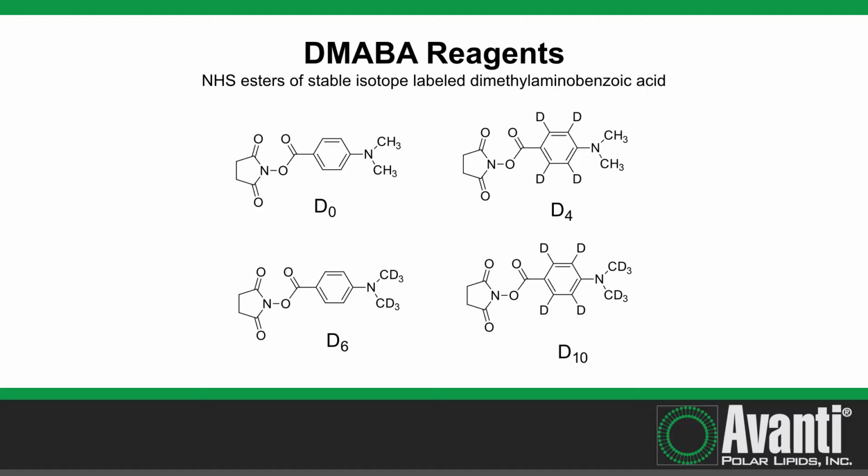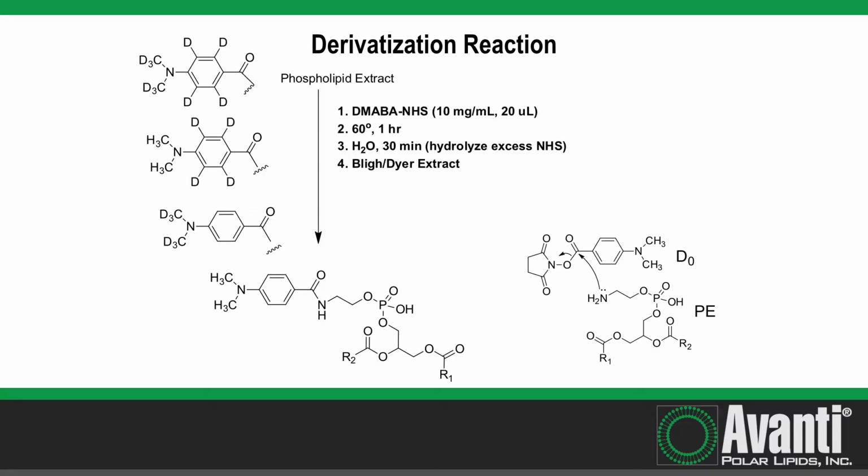So when we make these derivatives of the PEs, they are going to have exactly the same properties in terms of ion efficiency and stability, but they will have different masses we can measure in the mass spectrometer. So this is the chemistry which is carried out. We take these NHS esters, we incubate them at elevated temperature, and then we add water to hydrolyze the excess reagent, and then we do a Bligh-Dyer extraction.